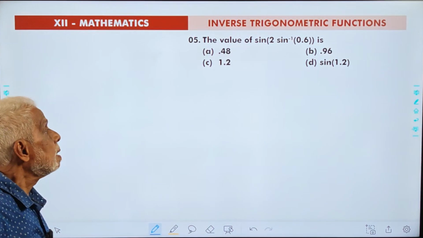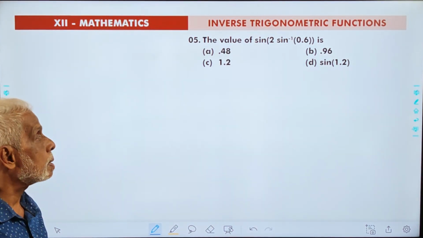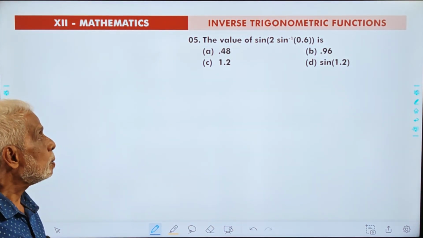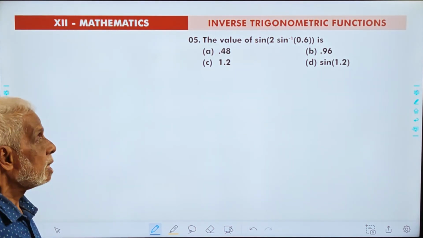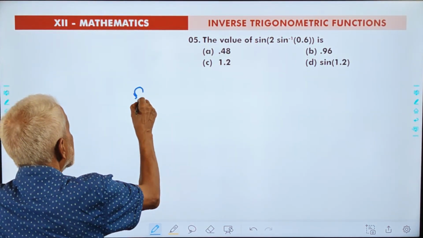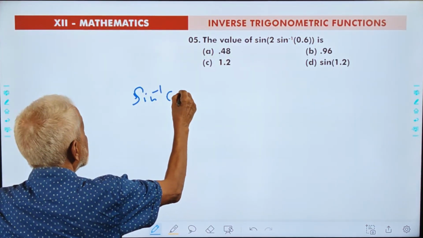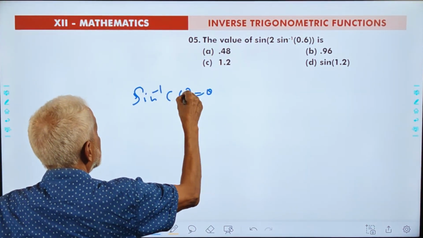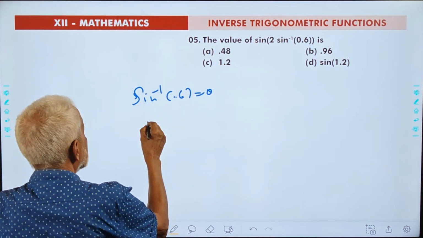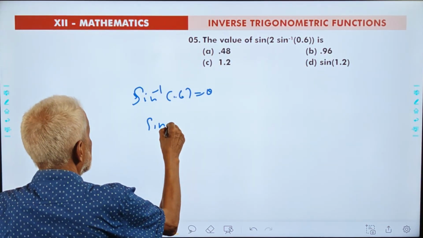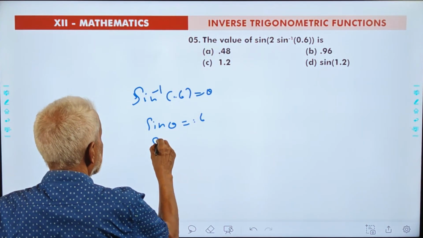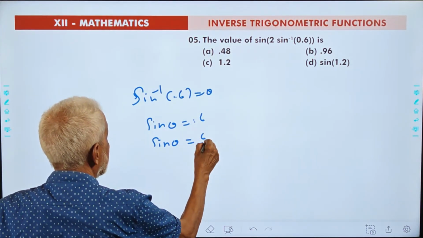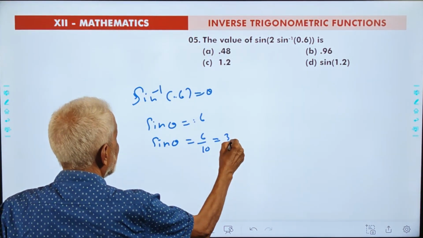A choice. The value of sin inverse 0.6. You know, inverse trigonometric functions are angles. Therefore, we can take sin inverse 0.6 as theta. Then sin theta is equal to 0.6. Sin theta is equal to 6 by 10, which is equal to 3 by 5.